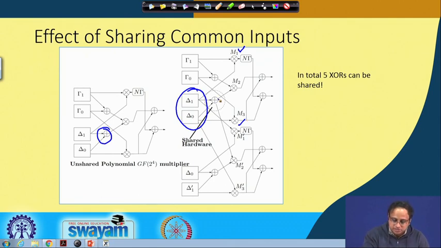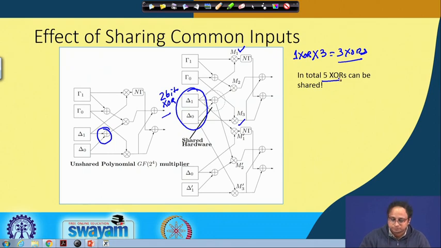Whereas in this particular field it is a 2 bit XOR. So in this diagram you are saving a 2 bit XOR, but if you go down and consider M1 and M1 dash, then you are saving 1 XOR. But there are 3 such cases. So you save here 1 into 3, which is 3 XORs, and therefore totally you save 3 plus 2, which is 5 XORs.